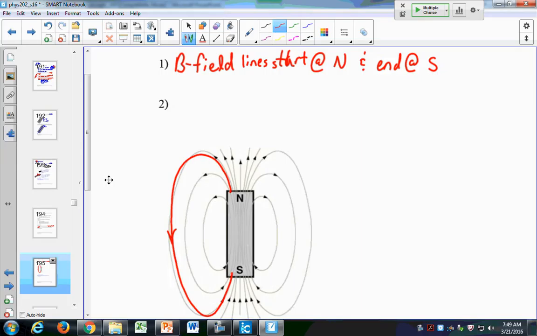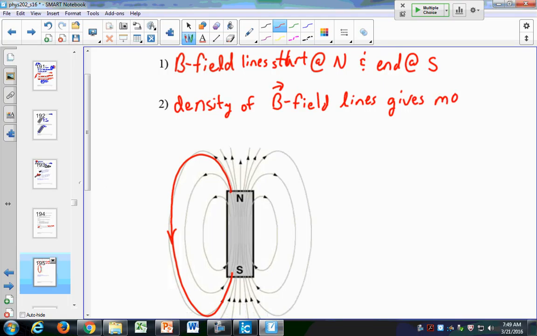And then the second thing, just like we had with electric fields, is that the density of the B field lines gives the magnitude of the B field, just like we had with electric field.